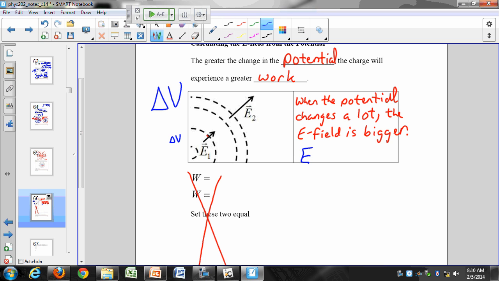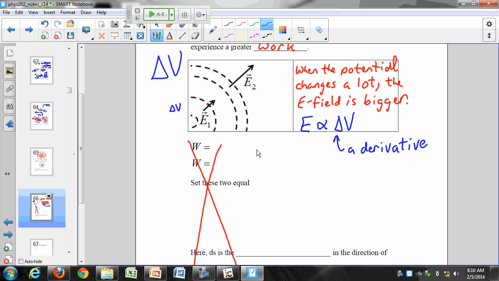So we can have this relationship between the electric field and delta V. And remember, this change in something is kind of like a derivative, in a very loose sense of the word. So we can define the electric field. I'm just going to give you the punchline.